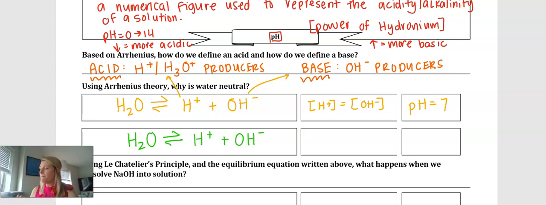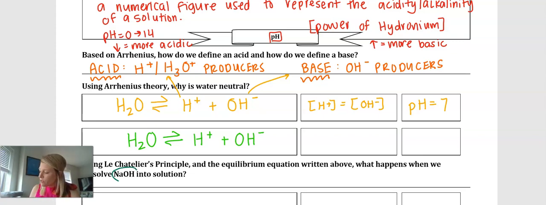And what happens to the equilibrium when I dissolve NaOH into solution? Now, notice that in our chemical formula, we don't actually see NaOH in the equilibrium equation.